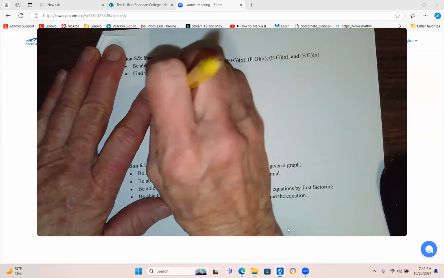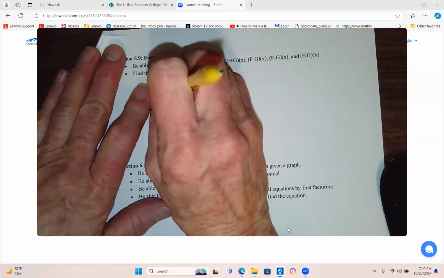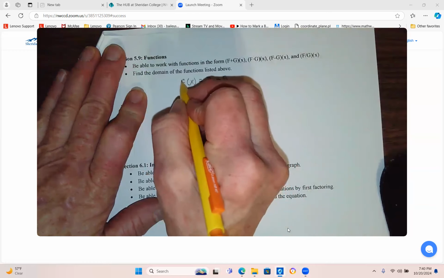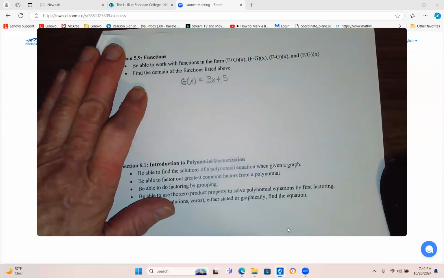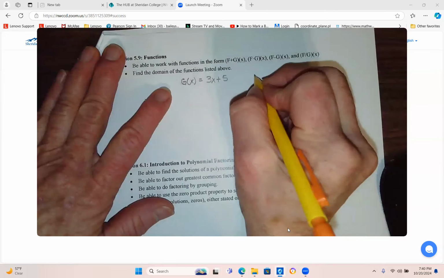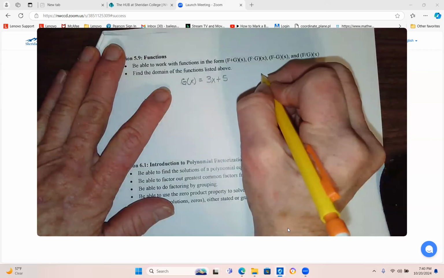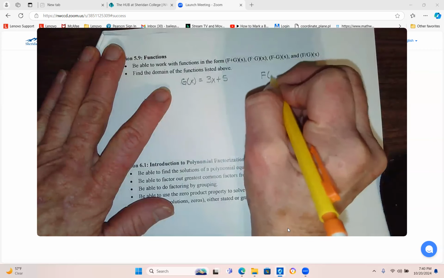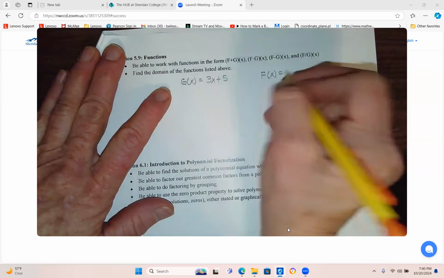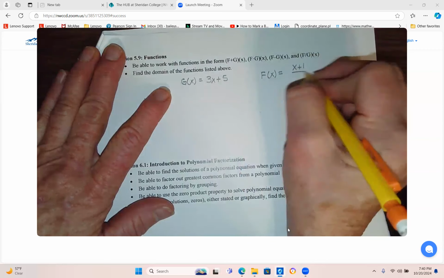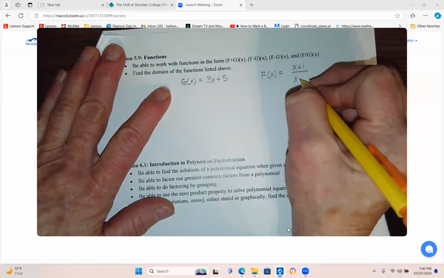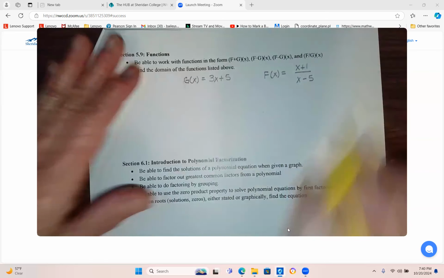No, I'm sorry, I'm going to make this the g of x, because I was looking at the division. It has to be some type of a polynomial to solve. Okay, f of x, we're going to say, is x plus 1 over x minus 5. There we go.